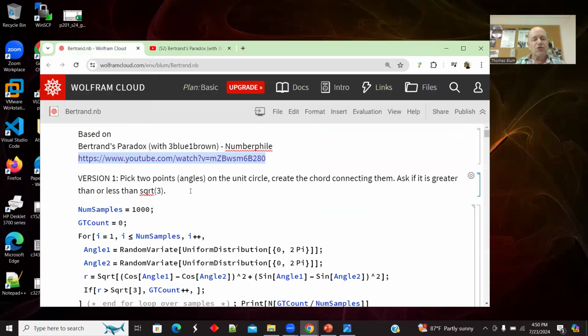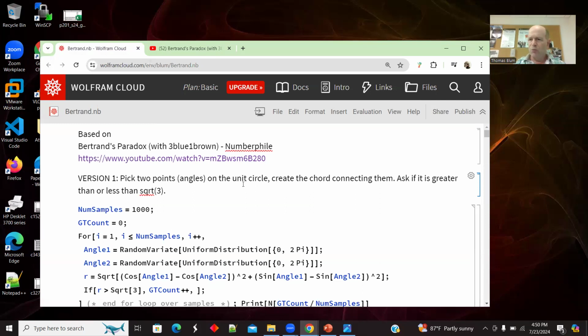Okay, and he had 3 versions. I'm going to have 4: I'm trying to duplicate his 3, and then offer yet another one. So the first definition of picking a random chord is that the chord connects 2 points along the circle.